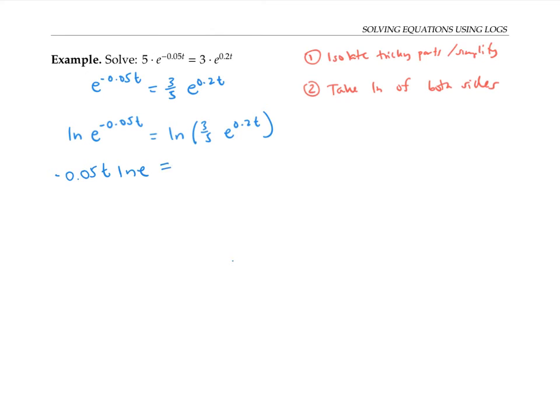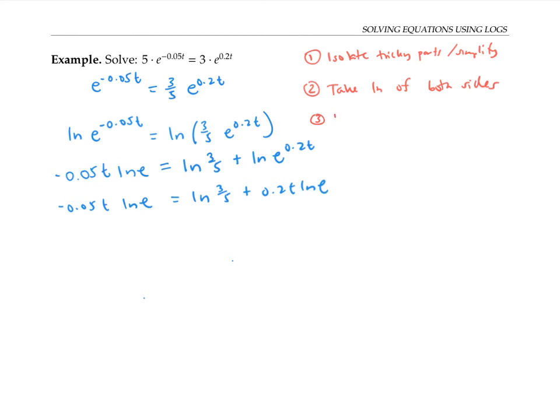But on the right side, I can't bring down the exponent yet because this e to the 0.2t is multiplied by 3/5. So before I can bring down the exponent, I need to split up this product using the product rule. So I can rewrite this as ln of 3/5 plus ln e to the 0.2t, and now I can bring down the exponent.